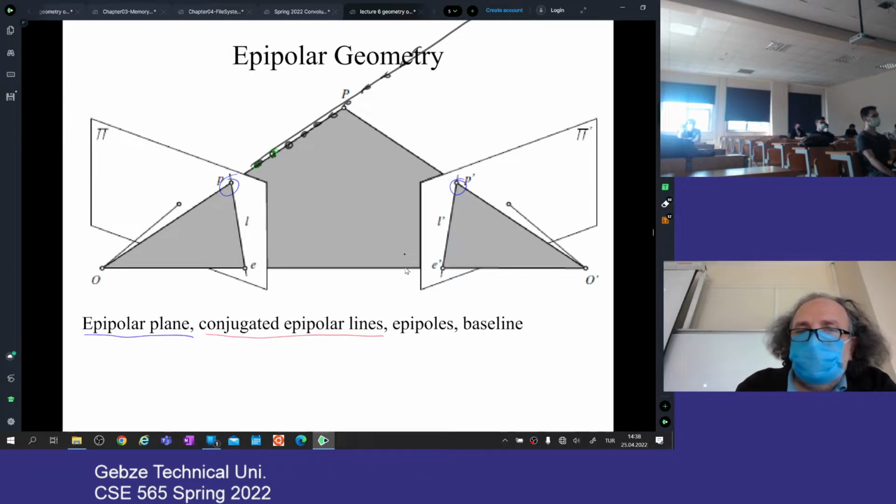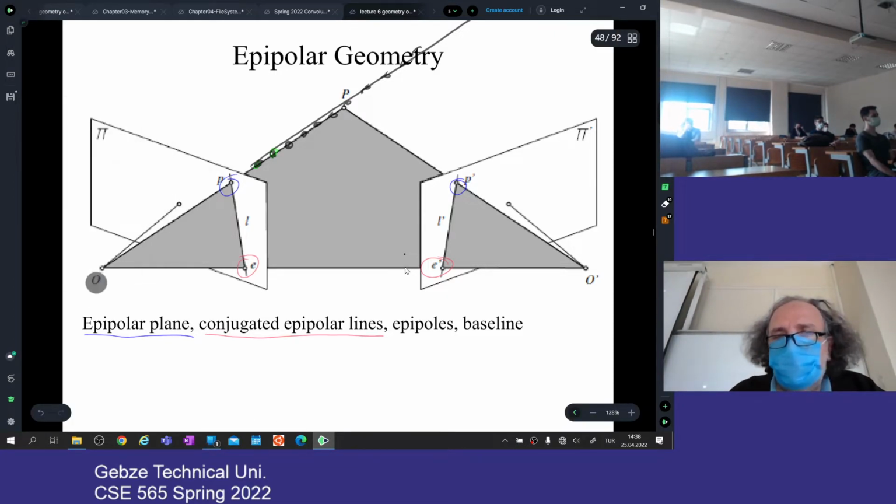These 2 points are special, E and E prime. The line that connects O and O prime goes through these image planes, at E and E prime, and they are called epipoles.